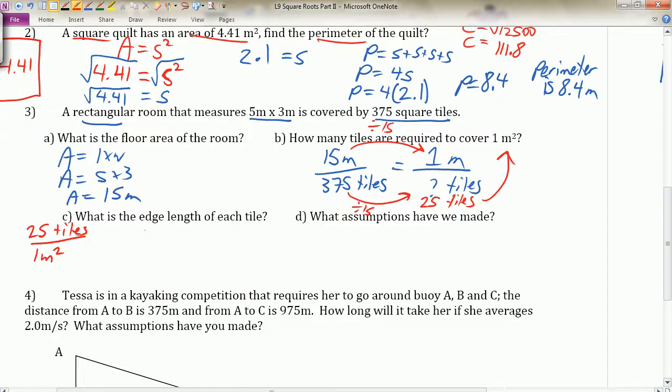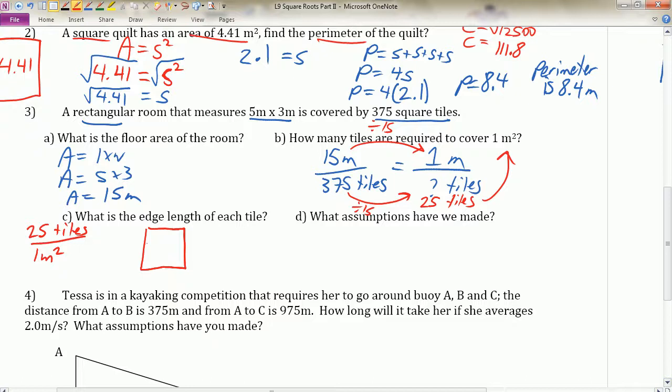Let's draw a little diagram then. Here's a square, 1 meter by 1 meter. How can we fit 25 tiles in there? Think of squares. How would that work? 25 tiles in a square. What would be the side length if it would fit in there perfectly?